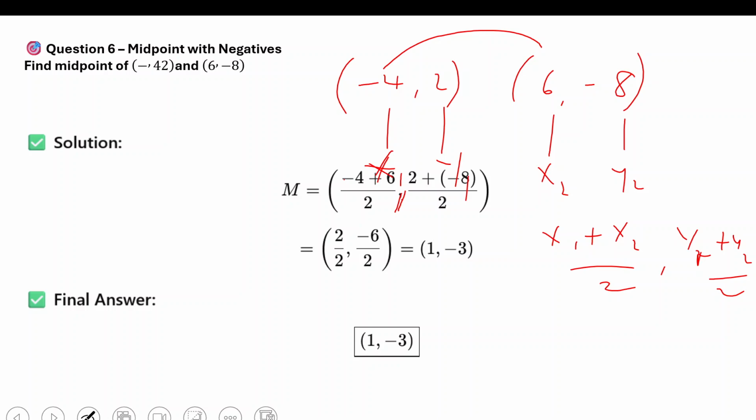And the second coordinate in the midpoint is 2 and minus 8, so 2 minus 8 over 2. Okay. So minus 4 plus 6 over 2 is 2 over 2, that's the first coordinate. And 2 minus 8 is minus 6 over 2, which is minus 3. So I have 1 and minus 3 as the final answer for the midpoint of these coordinates.